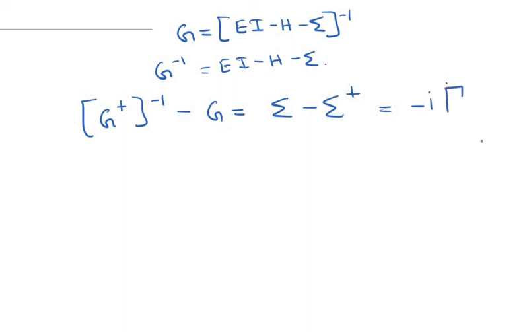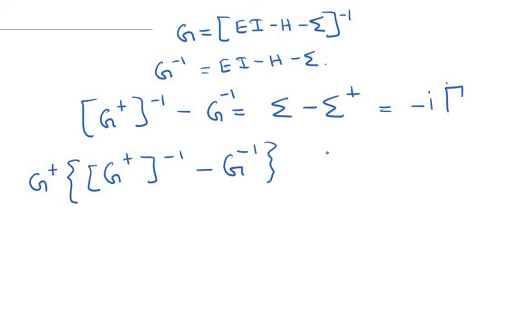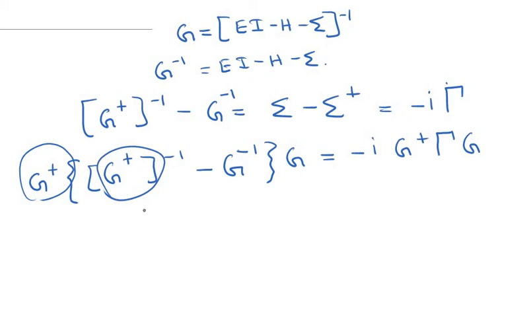So I multiply the left side by G dagger and the right side by G. So G dagger inverse minus G inverse, this is G inverse G minus i G dagger gamma G. So this multiplied by this becomes the identity matrix.